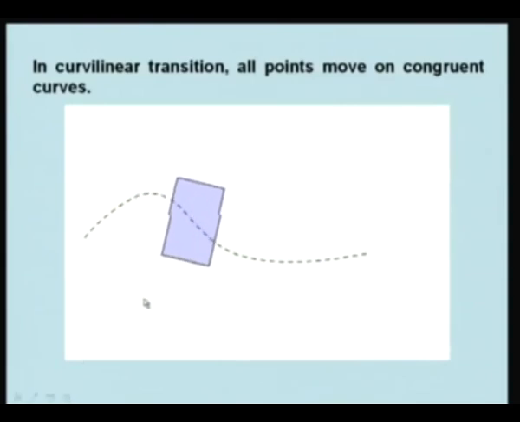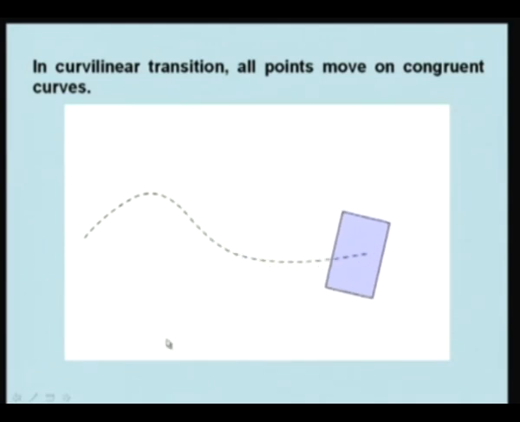Now, in curvilinear translation, all points move on congruent curves. So, this is an example of curvilinear translation. However, even in this case, the velocity is the same for all particles.